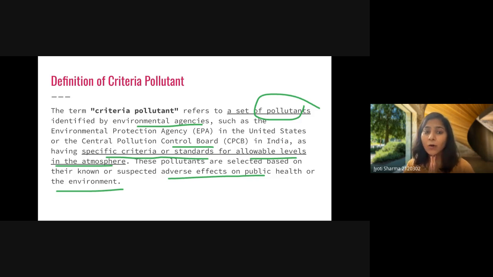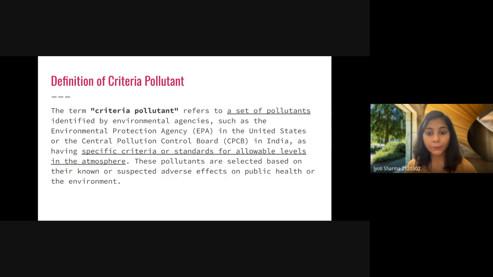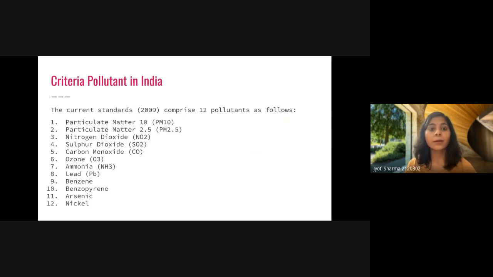Can you tell me how many pollutants have been considered as criteria pollutants? Let me show you. In India, we have 12 pollutants for which CPCB has released the standard.